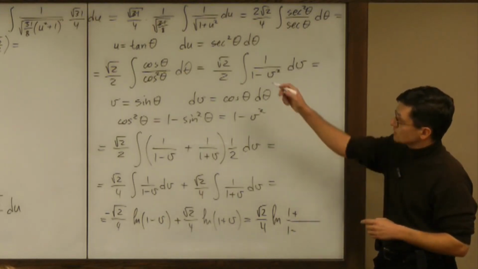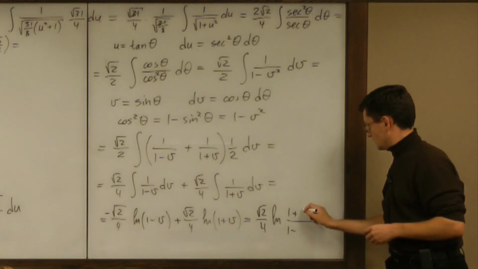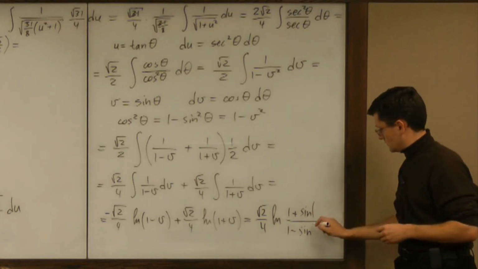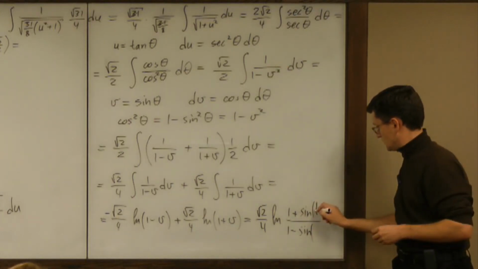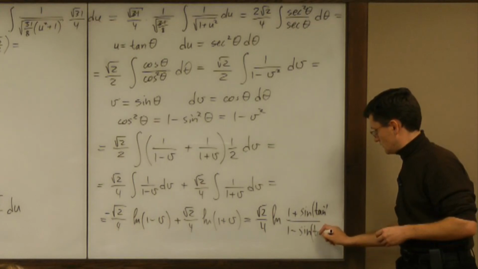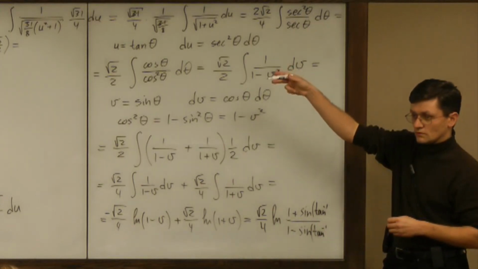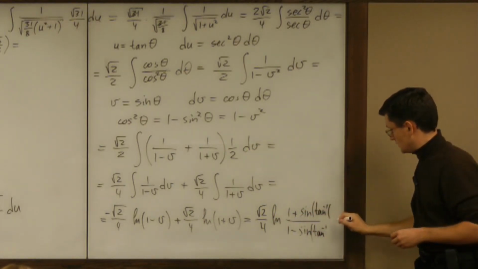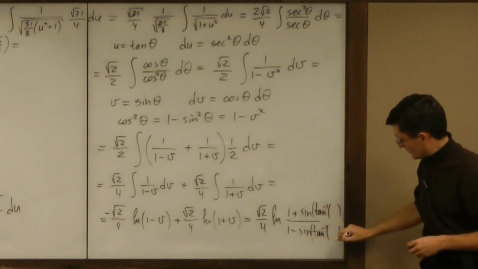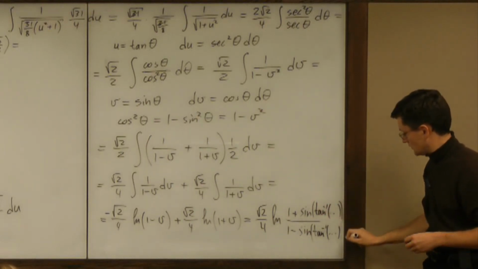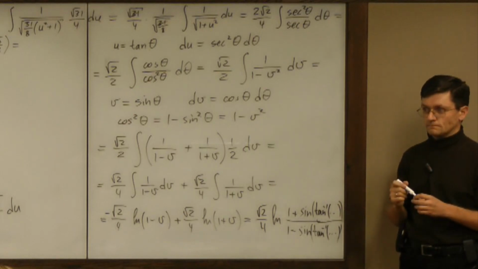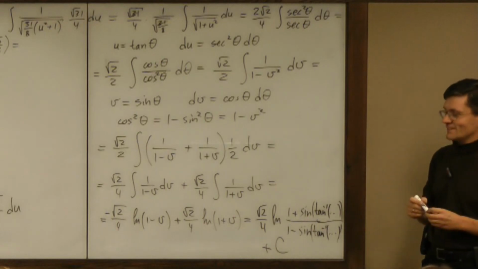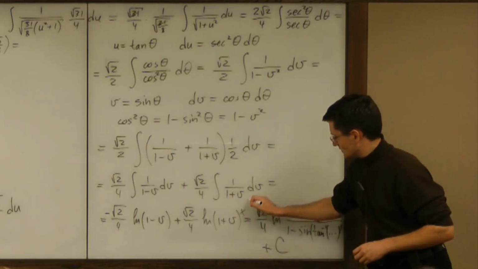And then v is sine of theta. And then what's theta? Well, theta is tan inverse of u. And u is that simple thing of x. So you just put that simple thing of x right there as the argument of tan inverse. And that's it. And yes, sure. Plus a constant of integration.